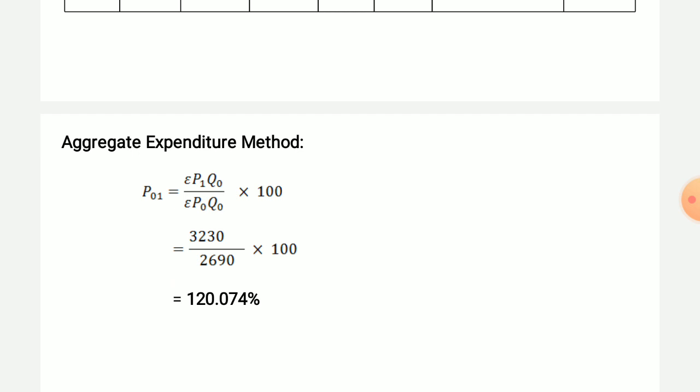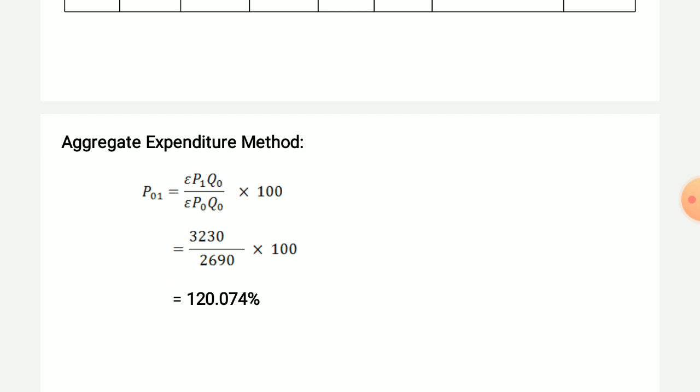Therefore, the total of P1Q0 is 3,230, and the total of P0Q0 is 2,690, into 100, is equal to 120.074%.